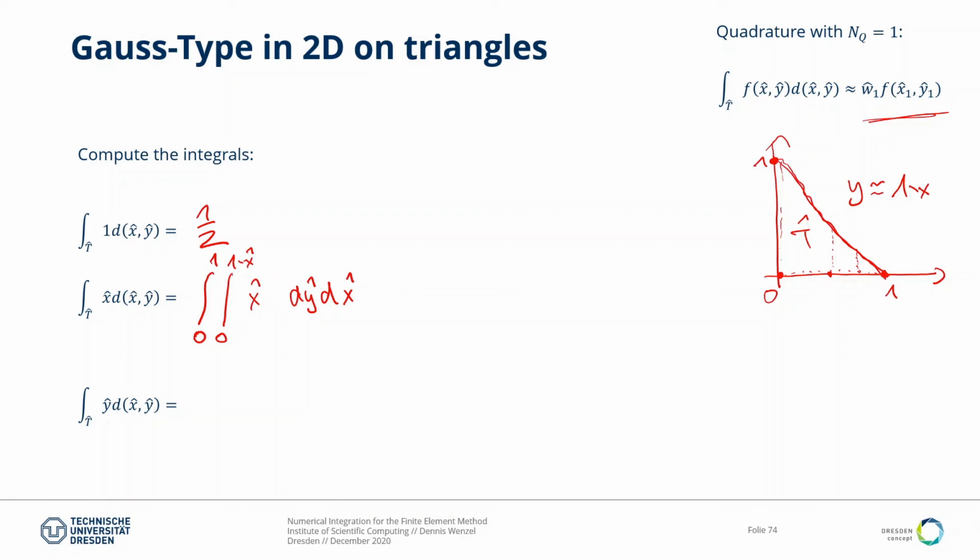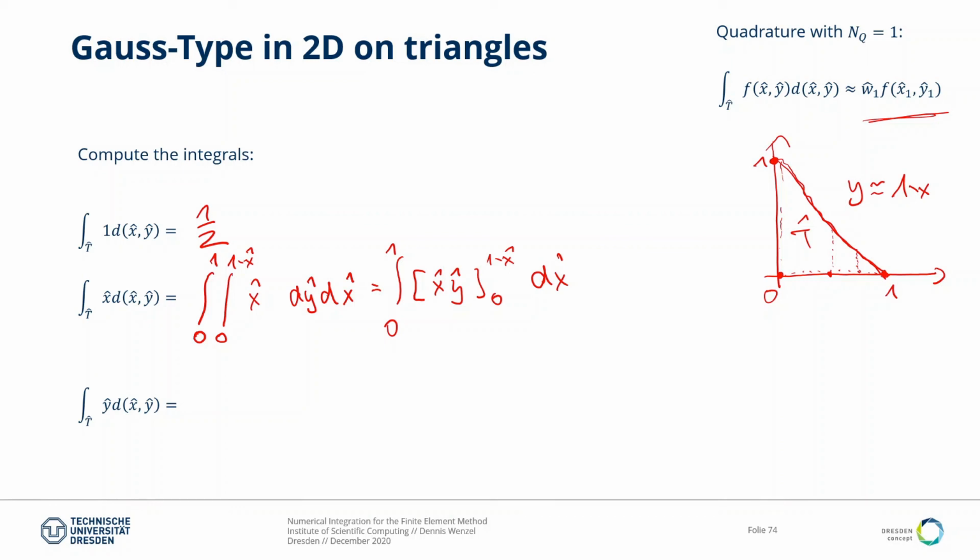Okay, let's see what happens there. If I integrate this function, now this is only a one-dimensional integral. I only integrate with respect to y hat, which doesn't occur in my function, so I can leave the outer integral as it is. In here, I get a primitive that is x hat times y hat, because with respect to y hat this was a constant function. So this primitive in the limits from 0 to 1 minus x hat, and I'm left with dx hat.